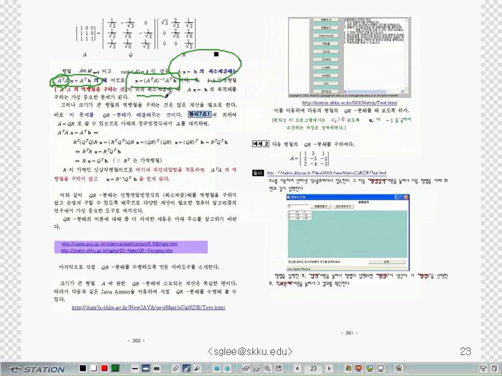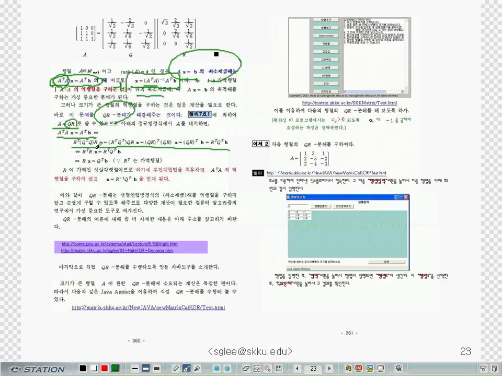But this process also takes some work to find an inverse of a matrix. If we use the QR factorization here, this problem turns out in this way. If A can be written as QR, where Q is a unitary matrix, then this linear system of equations can be written in this way.